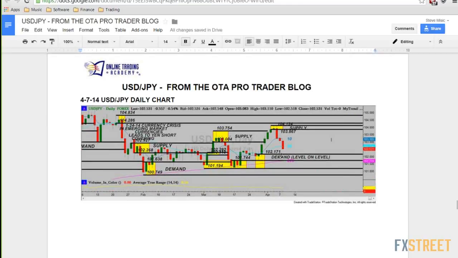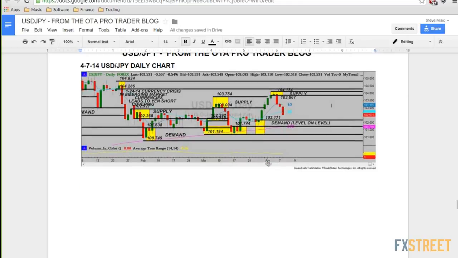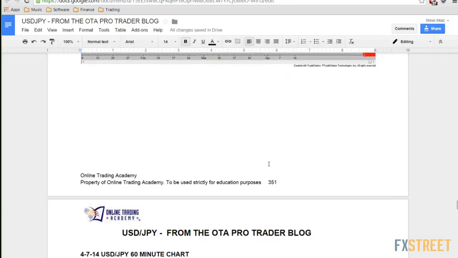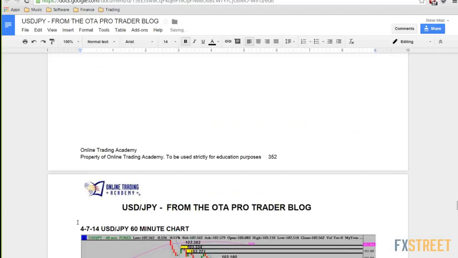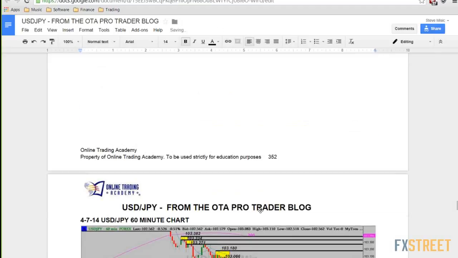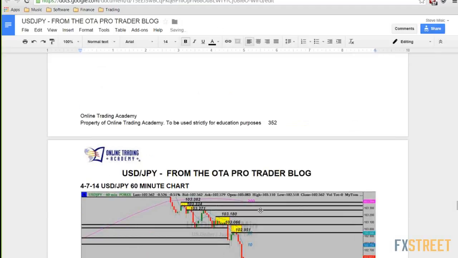So now we have demand from 102.17 down to 101.19. So almost a 100 pip demand level, and it's fairly big. But at the same time, this is typical of what happens when orders to buy or sell kind of bunch up in the same area.